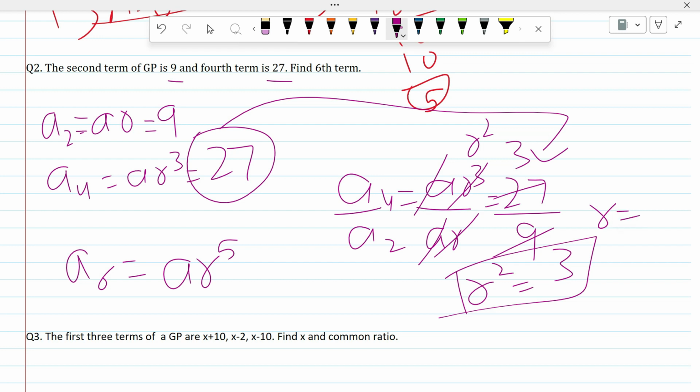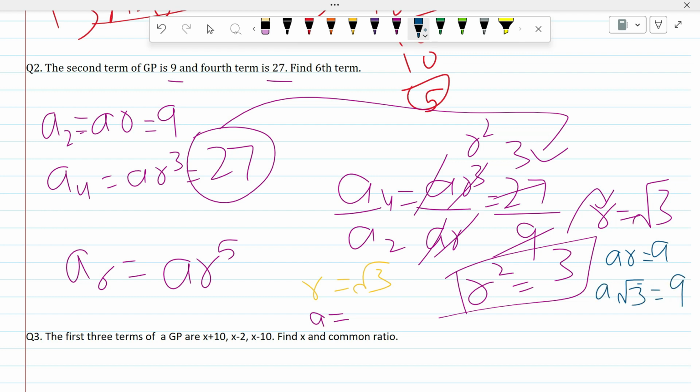Now R is equal to under root 3. Now we have to find the sixth term, but for that we also have to find the value of A. For A, I will take AR is equal to 9, and put the value of R, which is under root 3.